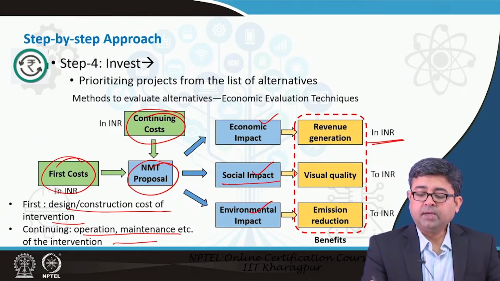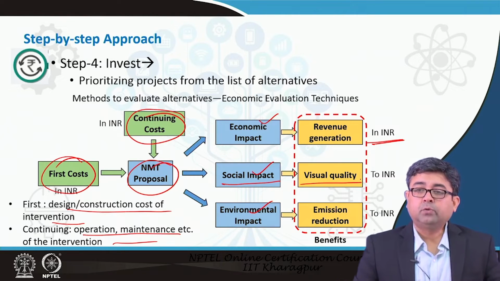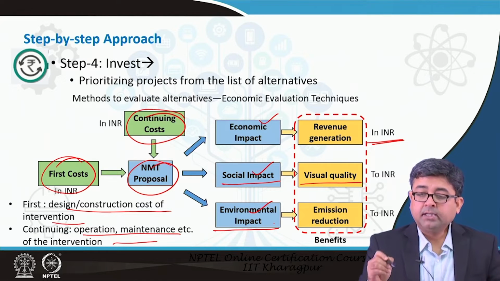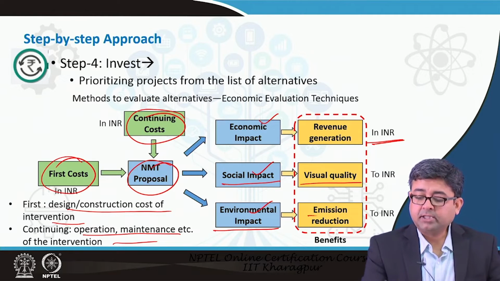Maybe the visual quality of the area will increase. So, how do you quantify visual quality? What is visual quality? We will look at that. Environmental impact is reduction in emissions.